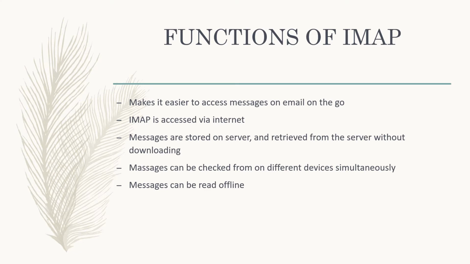And the good thing about it is that you can use many devices simultaneously. The messages can also be viewed even if you are offline, meaning that if you do not have an internet connection, you can also view them offline.